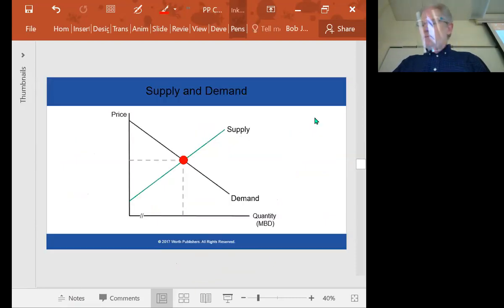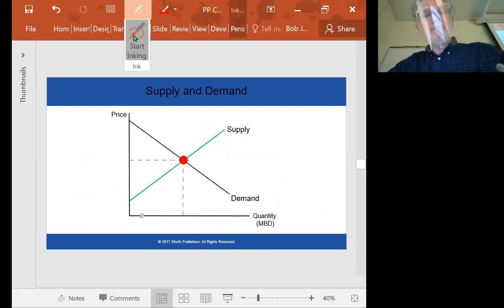Examples. Let's say this is the market for fast food. Okay? So it's a big city, you've got lots of restaurants, lots of consumers, a highly competitive market, let's say. Say the price of a hamburger is $3.